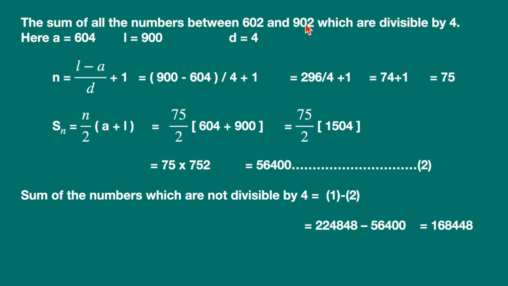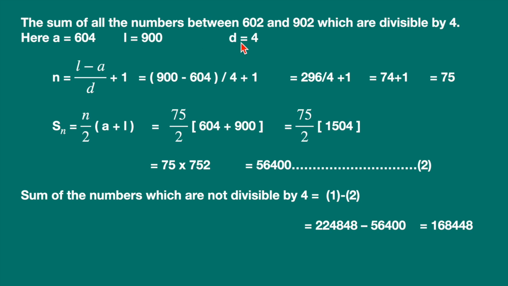After that, the last term: 902 we should not consider. 901 is not divisible by 4. 900 is divisible by 4. So the last term is 900. The terms start from 604 and end with 900. The next term after 604 will be 608, which is divisible by 4. So the common difference is 608 minus 604, that is 4.